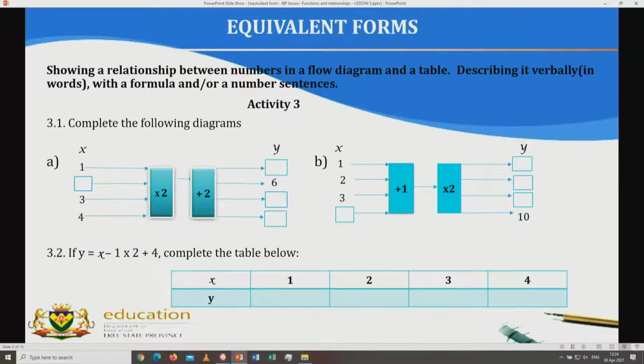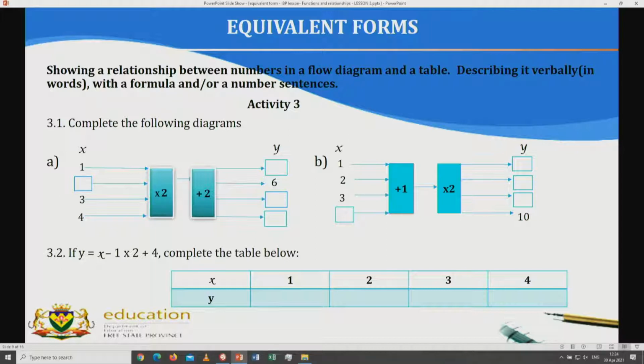Now, activity number 3, showing a relationship between numbers in a flow diagram and a table, describing them verbally in words, with a formula and or a number sentence. Now you are given flow diagrams A and B, and you are also given a table in question 3.2.